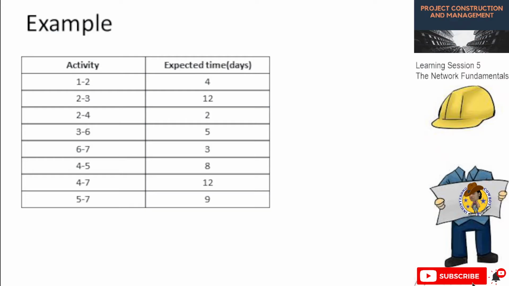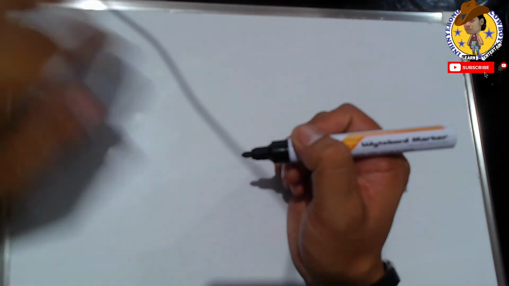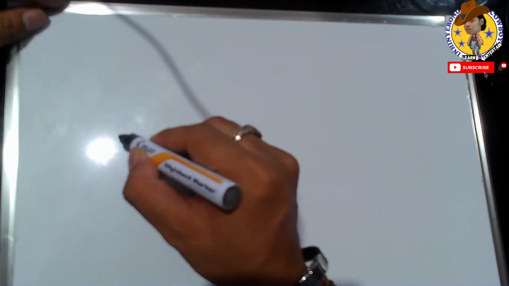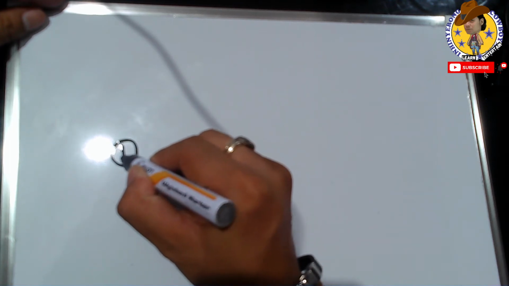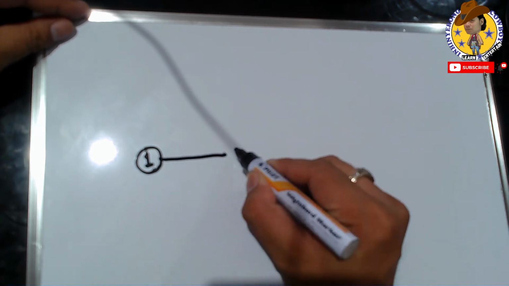Now let's write the diagram for that one. For this one, activity 1 to 2, so 4 days. This is activity on node, meaning we are using nodes for this one. So activity 1, 1 to 2.